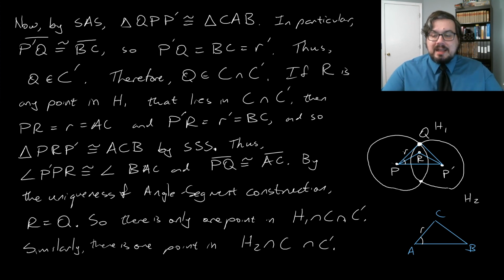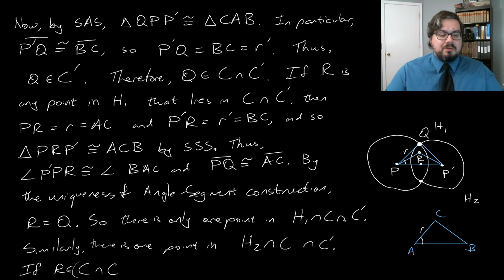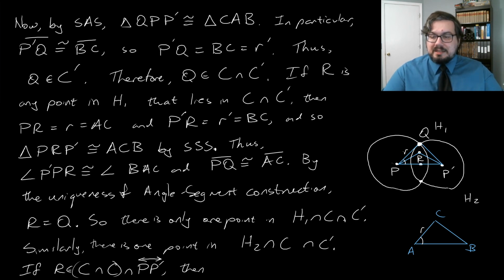And then if we had any point that lay on both circles and on the line between them, that is neither in H1 nor H2, then that would mean that the distance from P to capital R here would be little r, and the distance from P prime to R here would be little r prime.